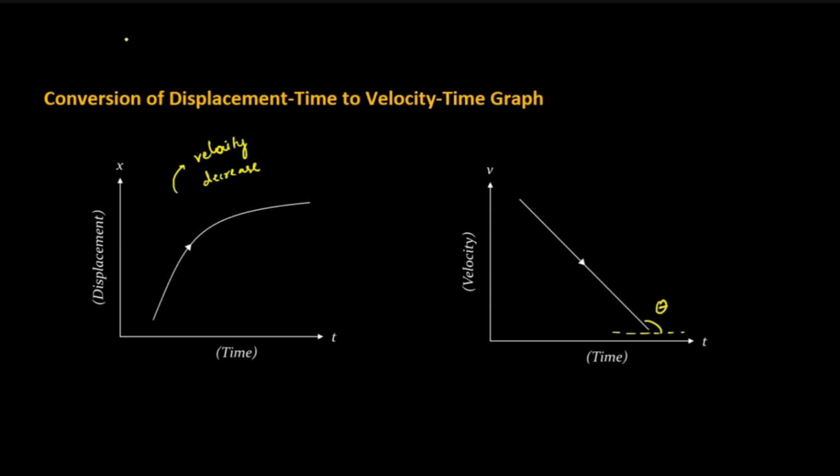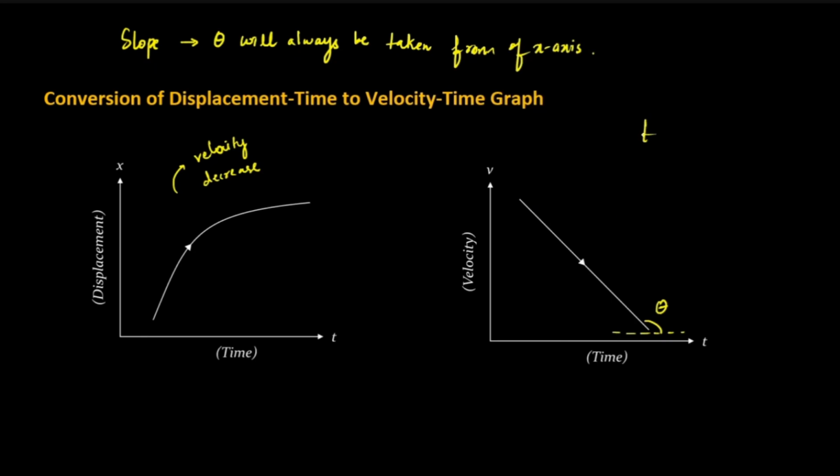Always remember for this particular thing, for slope, theta will always be taken from the x-axis. You cannot take it from any other line. If it is the x-axis, you can take it. Otherwise, it will not give us slope.